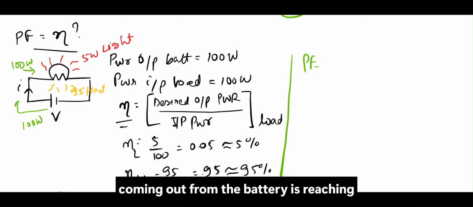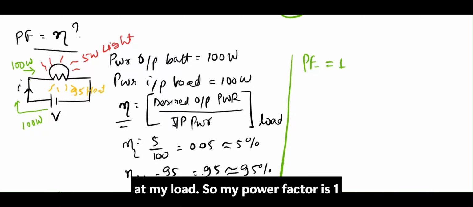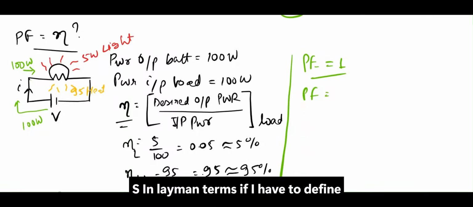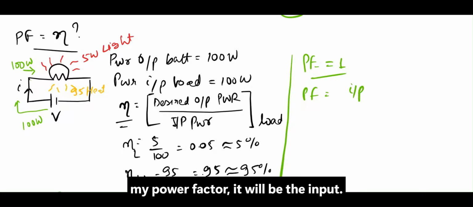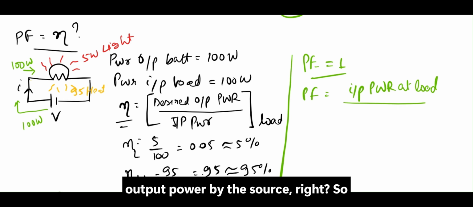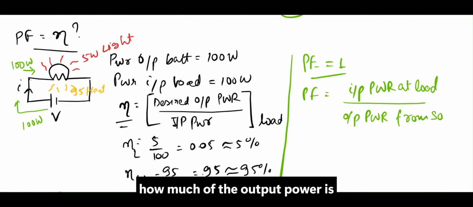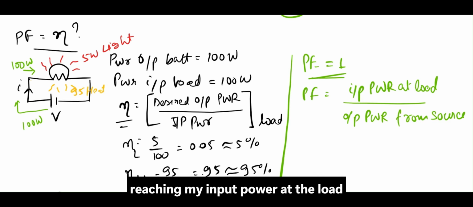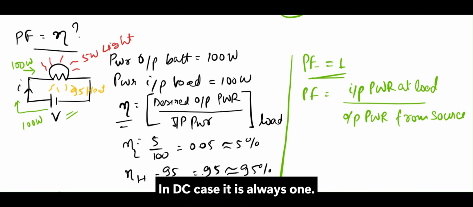Yes, in our case all the 100 watt coming out from the battery is reaching my load, so my power factor is 1. So in layman's terms, my power factor is the input power at the load divided by the output power of the source. So how much of the output power is reaching the load? That is my power factor. In the DC case it is always 1.